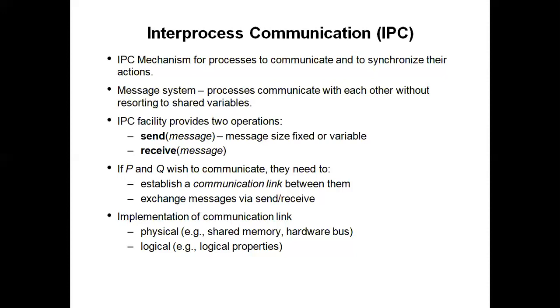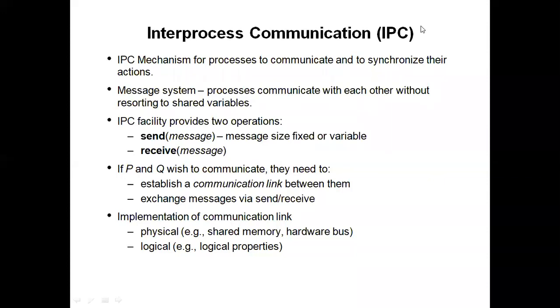They don't need shared variables, but they pass communication messages between each other through the message system. The IPC facility helps the processes by providing two operations. The first operation is send message and the second operation is receive message.